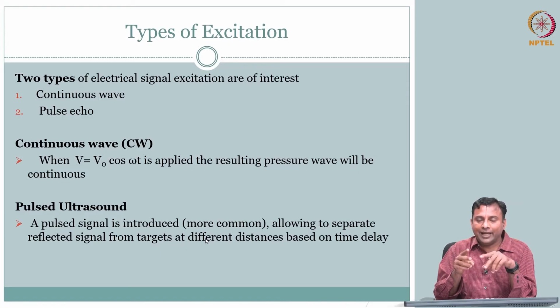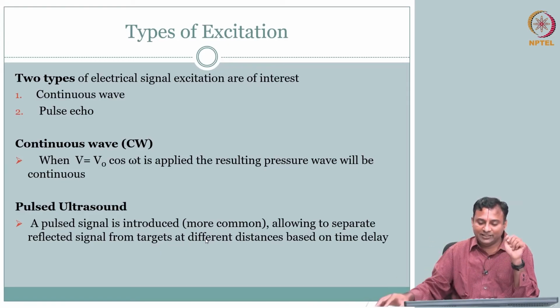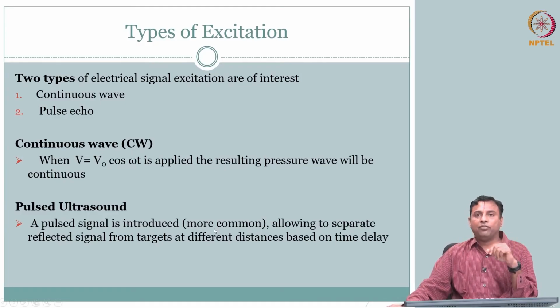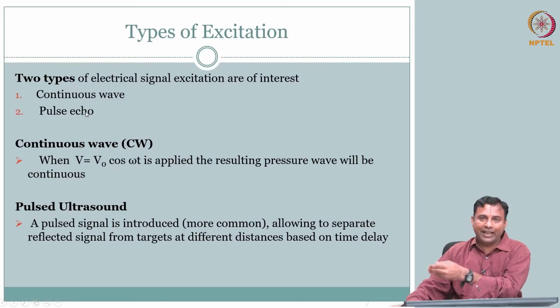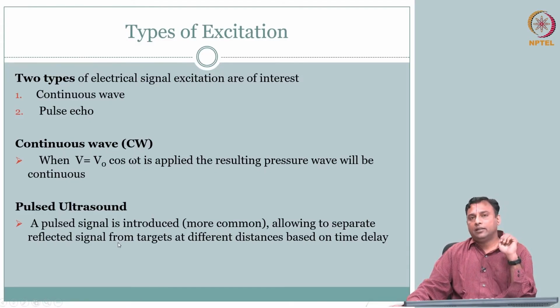So if I know the time and I know the velocity, I can locate my distance, right? So essentially time of flight calculations can be done. So pulsed ultrasound, pulse echo. So you send a pulse, receive the echo of that pulse. This is the most predominant usage for ultrasound imaging, pulse echo scanning.